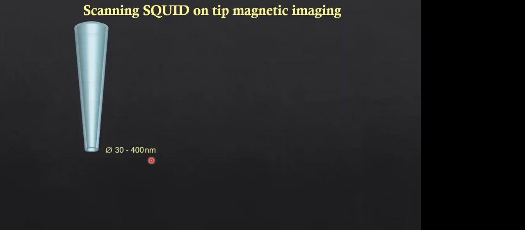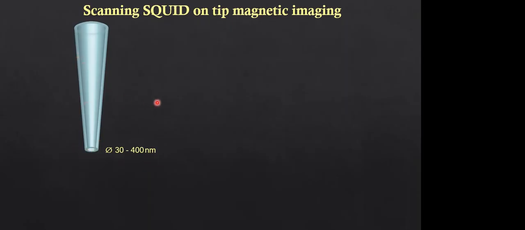All right, the measurement setup which I'll be showing is called scanning SQUID microscopy, scanning SQUID-on-tip, or SOT. The way we make it is we pull a glass pipette to about 300 to 400 nanometer diameter apex.